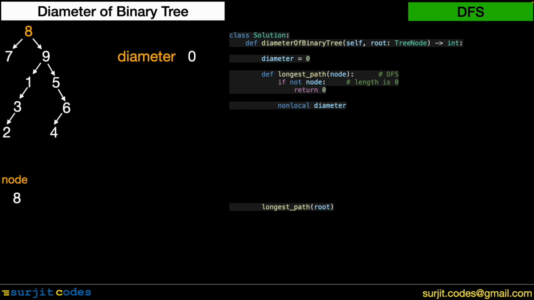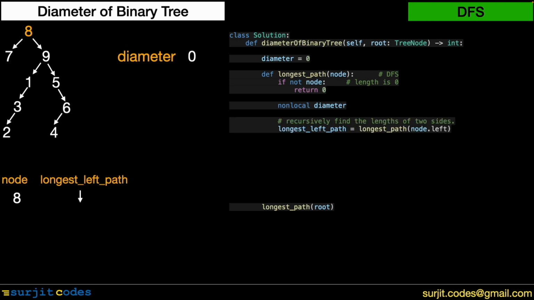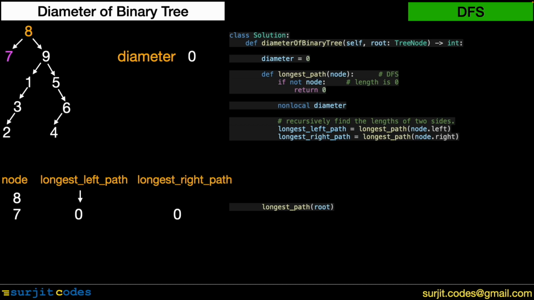8 is not none, so we proceed further. We find longest path of the left subtree, for which we process the left subtree of node which is 7. 7 is not none, so we proceed further. We notice that 7 is a leaf node. Left node of 7 is none, so we directly return 0, which we save as longest left path of node 7.